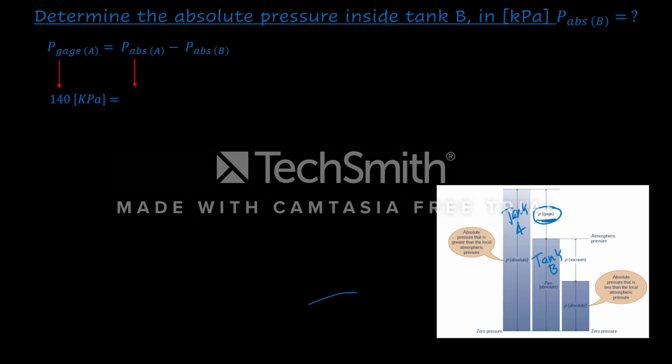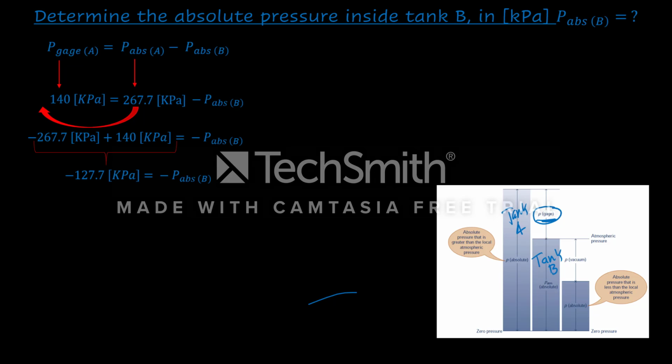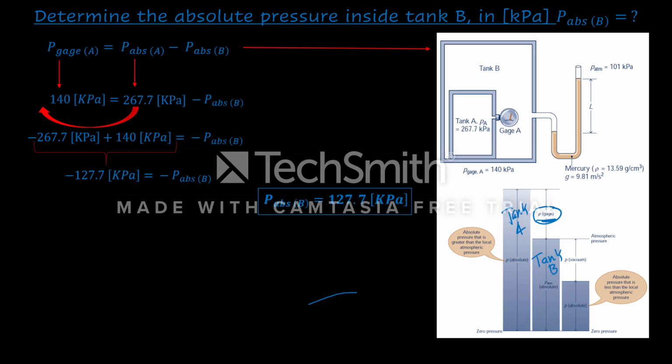The absolute pressure of tank A is given as 267.7 kilopascal, and we need to find the absolute pressure of tank B. We move the 267.7 to the other side of the equation and change the sign. We add these two numbers. Both sides of the equation have negative, so we can cancel it. So we end up with the absolute pressure inside tank B being 127.7 kilopascal.